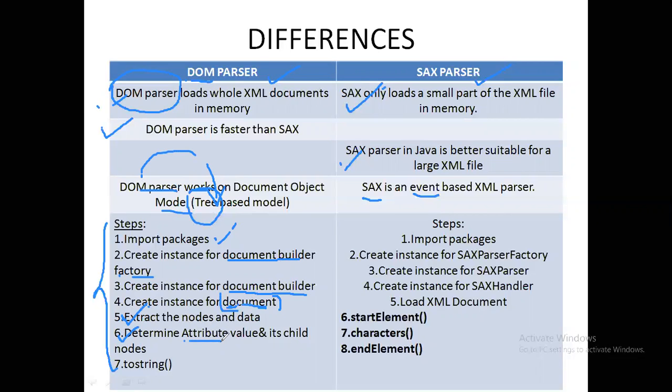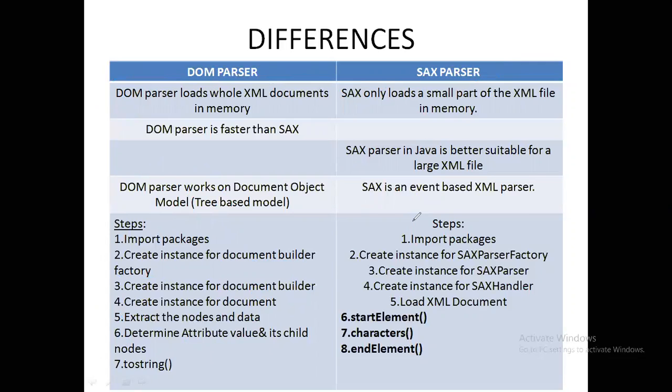It is nothing but the property of an element. And we have to determine the child nodes. Finally, we have to formulate the output with the help of toString method. So these are the steps we have to keep in mind while writing the program using DOM parser.